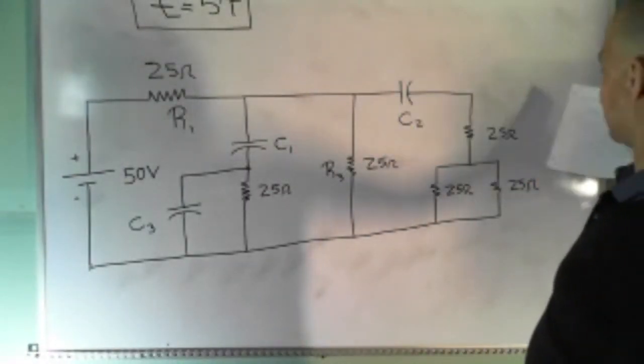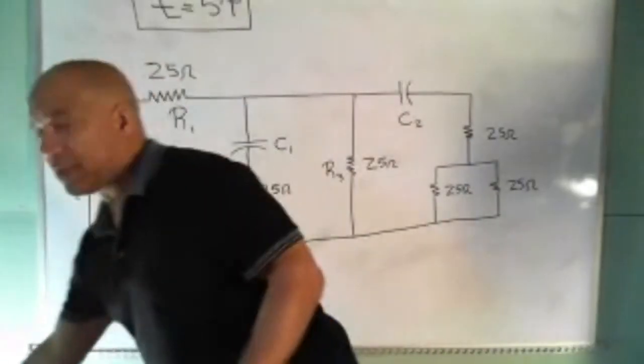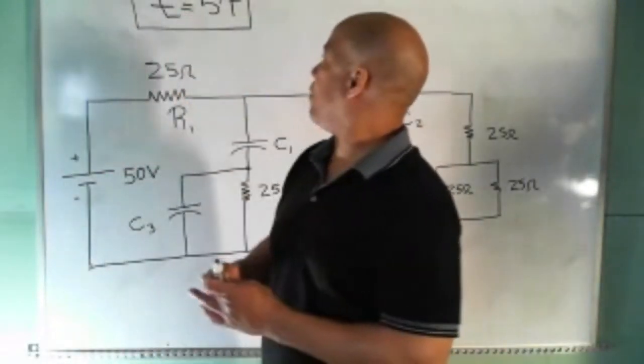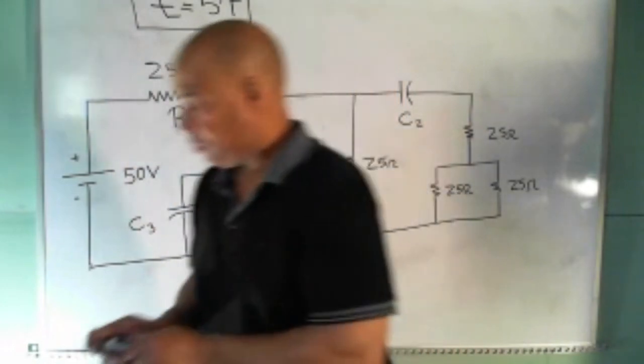All right, I think this is right. All right, so go ahead and solve this at t equals 5 tau. See what you get.